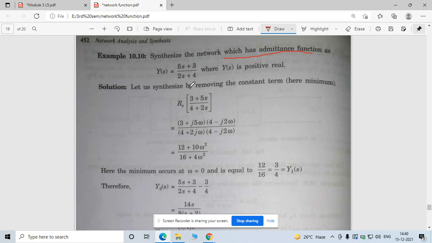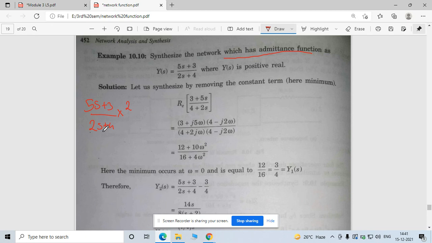Now see, how to find out this real function? Simple. This is your overall function, right? For finding out the real part of this, you have to rationalize by the denominator, right?